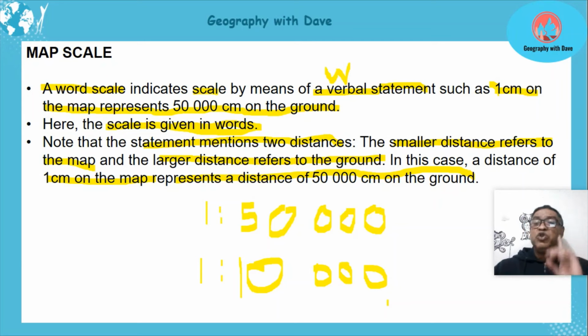Now, learners, many of you make this mistake. You say 50,000, oh, that must be larger, and 10,000, a smaller number, is smaller.